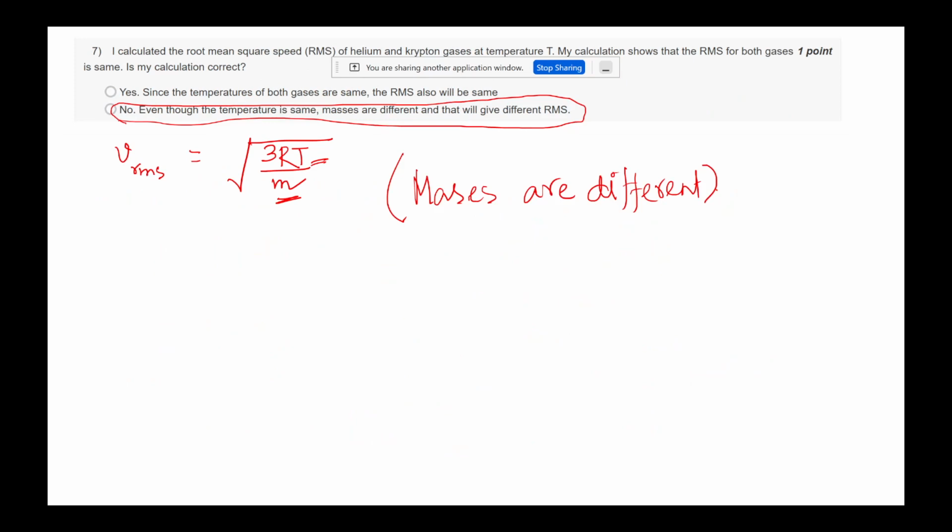I said that there is another way to talk about the RMS speed. When you're talking about molecular or atomic fluctuations, there is nothing like a mean; we always talk about RMS.